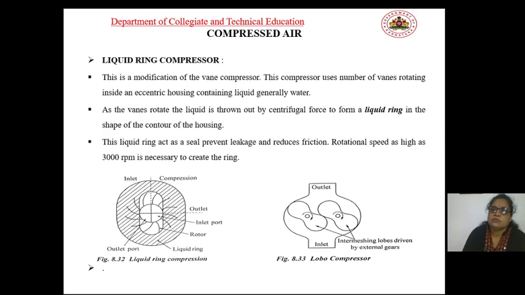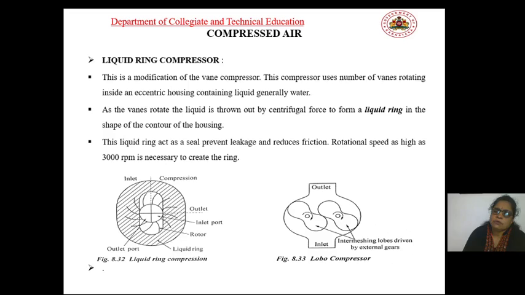This type of compressor uses a number of vanes rotating inside an eccentric housing containing liquid, either oil or water. As the vanes rotate, the liquid is thrown out by centrifugal force to form a liquid ring in the shape of the contour of the housing. The liquid ring acts as a seal, which prevents the leakage and reduces the friction.